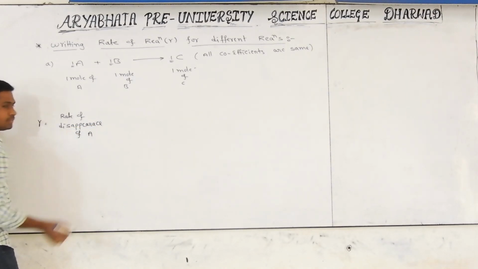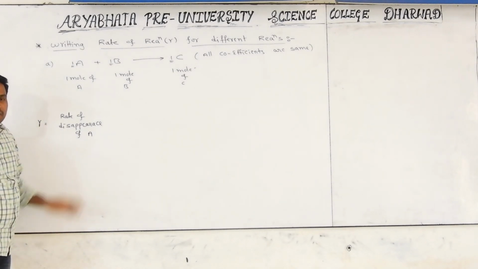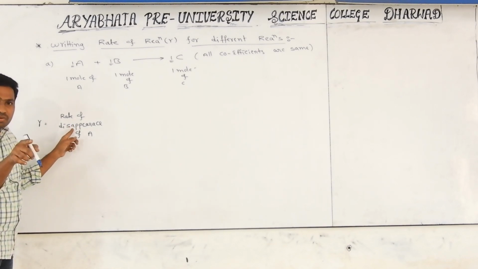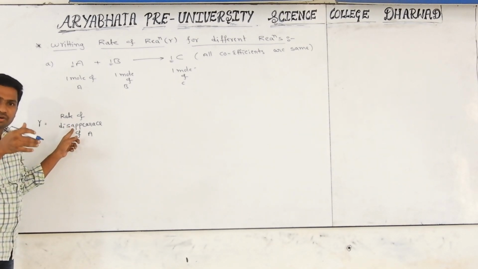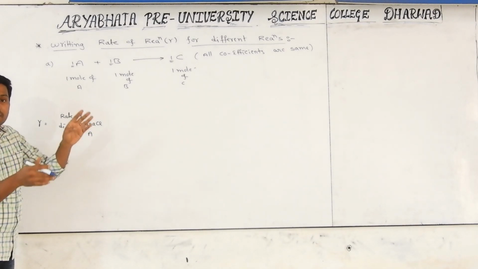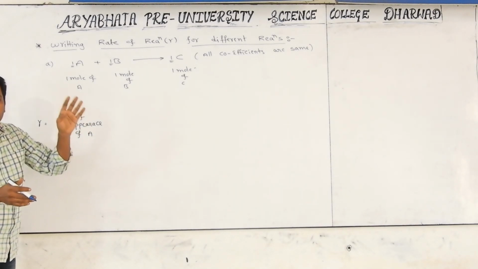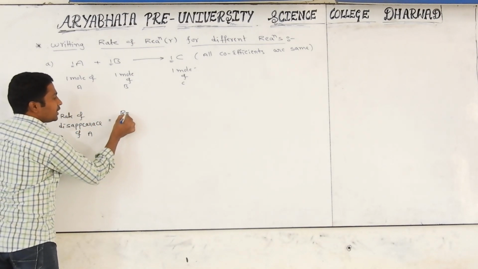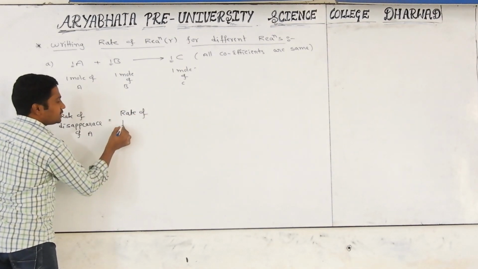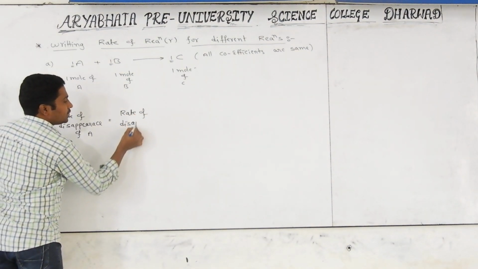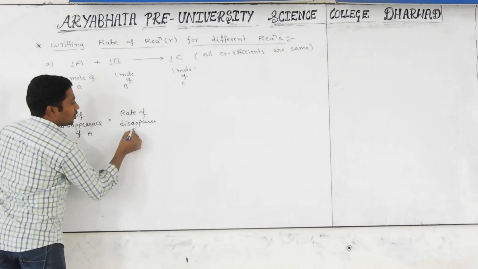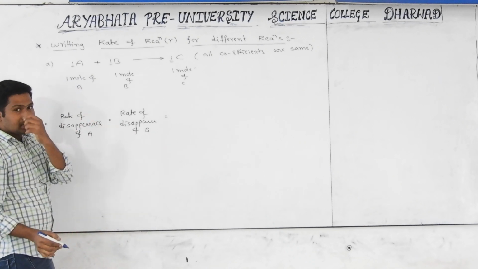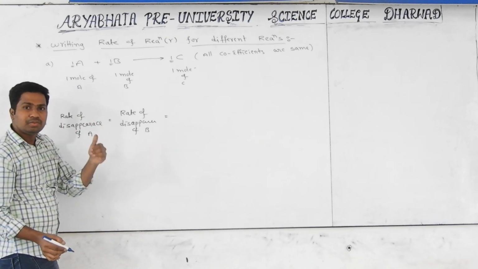of A. Why have I written disappearance here? Because it is being consumed in the reaction. In place of disappearance we can also use other words, such as decomposition or consumption, regarding a reactant. This is equal to the rate of disappearance of B, which is equal to, and what is C? It is a product, that means forming.